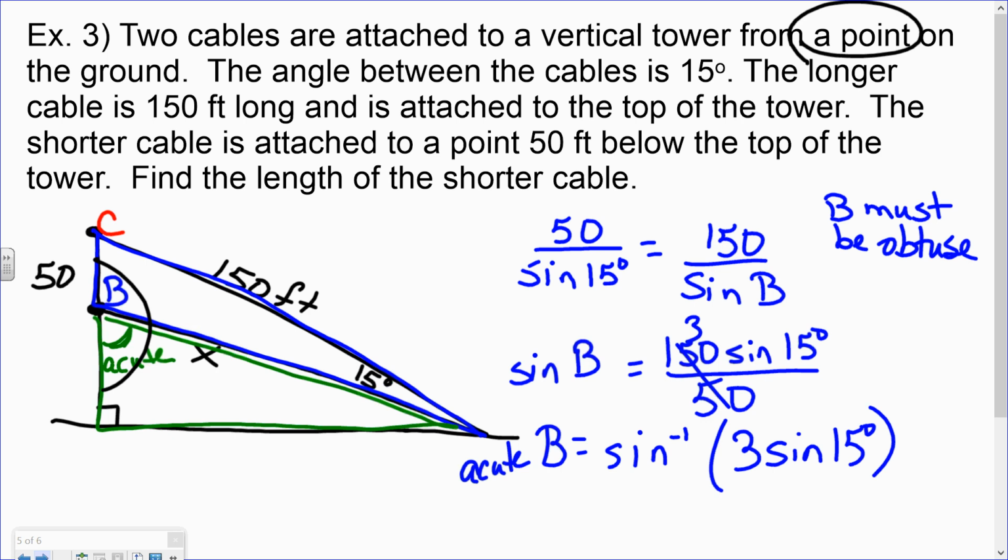Does anybody have that acute value for me yet? What did you come up with, Blake? So the acute B is 50.937 degrees. How are we going to convert that to get the obtuse one that we know it has to be?